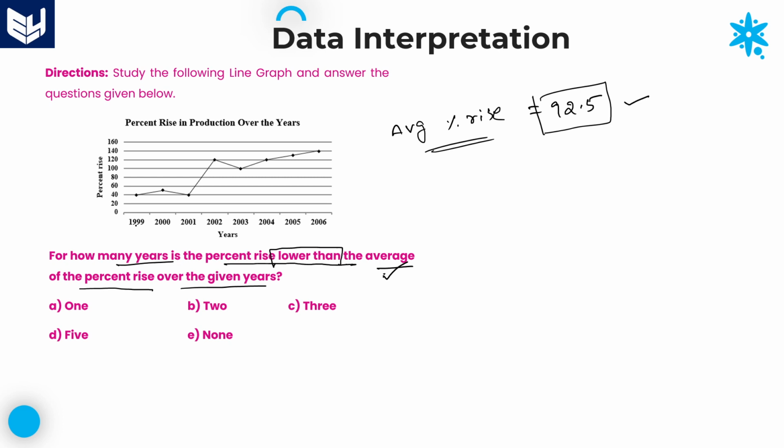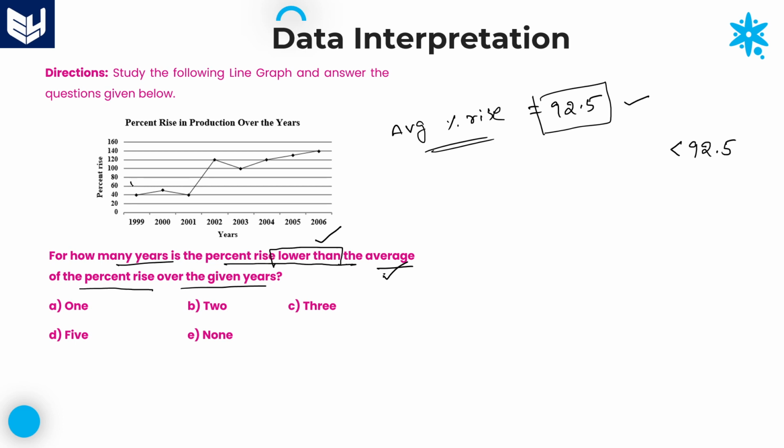Now what he is asking is, in how many years the percentage rise provided in the graph is lower, in the sense less, compared with the average. So you need to check which values are less than 92.5, which is the average.